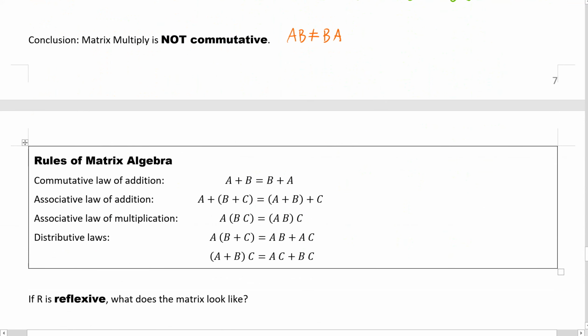And here we have some rules of matrix algebra. The addition is commutative, because remember when we add matrices, we just add the entries respectively, and each entry is just an addition of numbers, which is commutative. For addition, we also have the associative law.